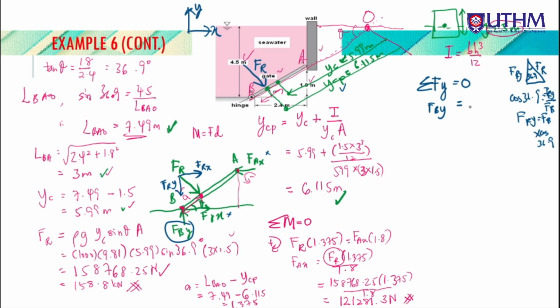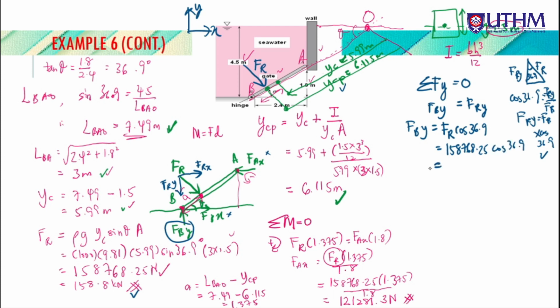So yang ni Fby mesti sama dengan Fry kan. So Fby should be also equal to Fr cos 36.9 daripada yang ni lah. Kita guna trigo ni ok, so ini adalah juga sama dengan Fr, kita dah tahu dah yang ni kan, 158,768.25 cos 36.9.